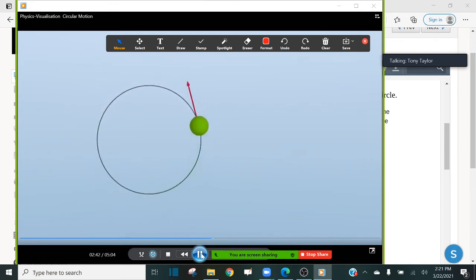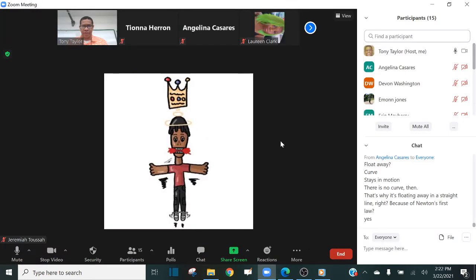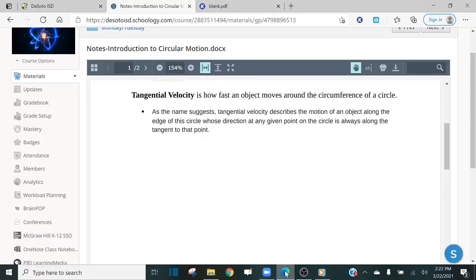Okay, now let's talk about centripetal acceleration. Guys, any object moving in a circle also has what is known as a centripetal acceleration. The centripetal acceleration of the object is represented by the blue arrow. Let me write this down because this is an important term.